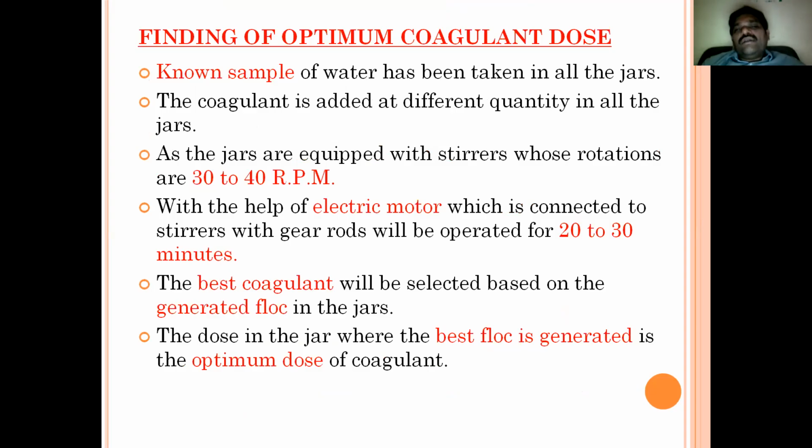See here, now the coagulant is a chemical that will be added into the water, and it mixes with the particles and comes out in floc form, and that will be removed in the treatment plant. Before that, how much coagulant must we add to the water?